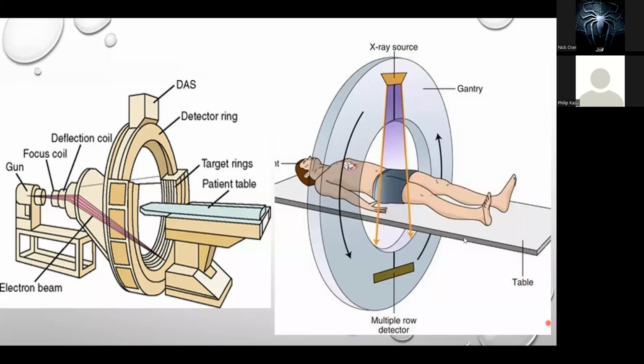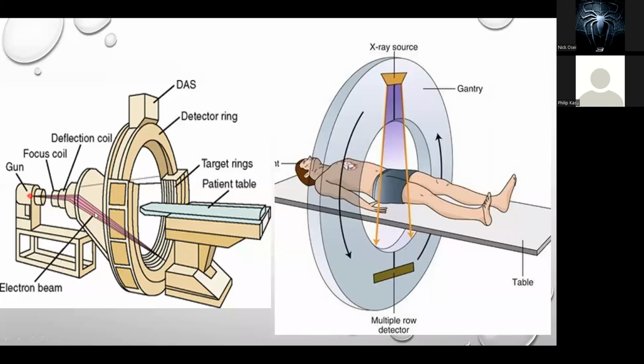This is another picture showing you how it works. The picture on the left is an older form of the CT scan, and the one on the right is the newer version. In the past, this is the gantry here and the patient's bed here.